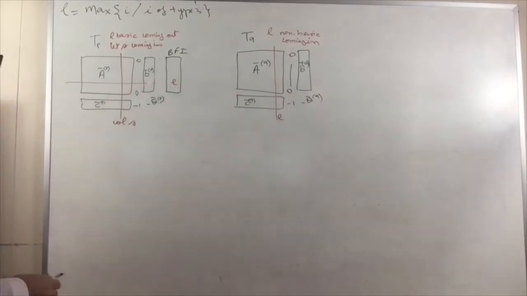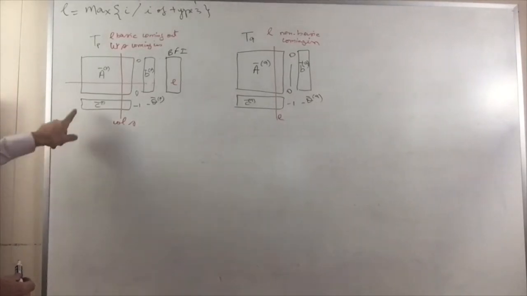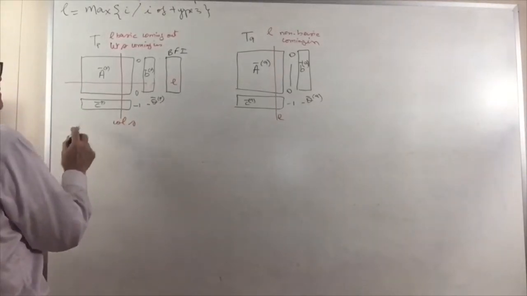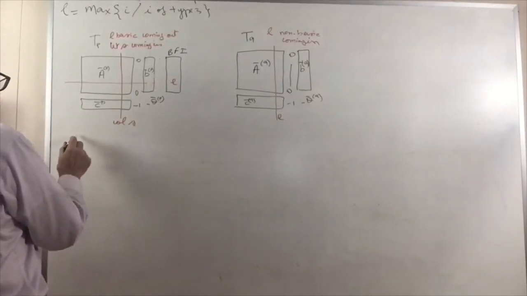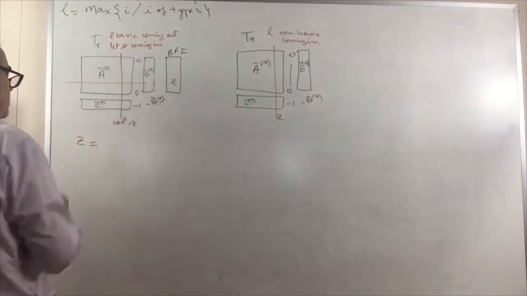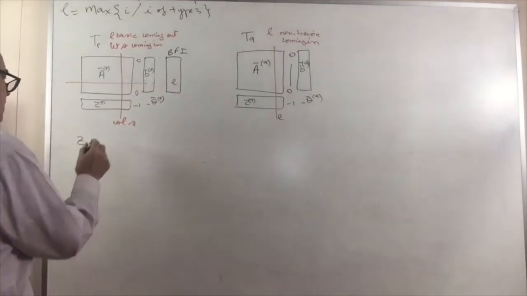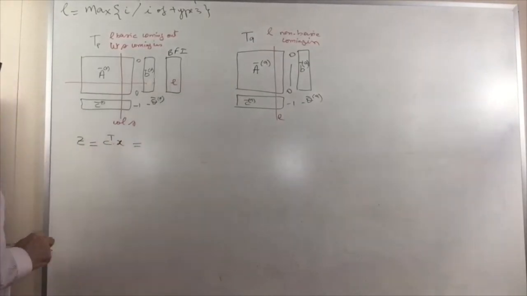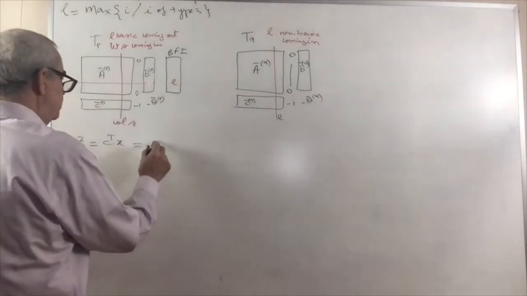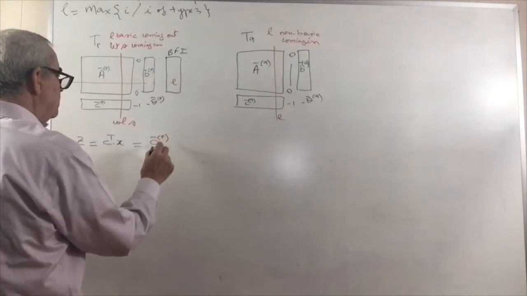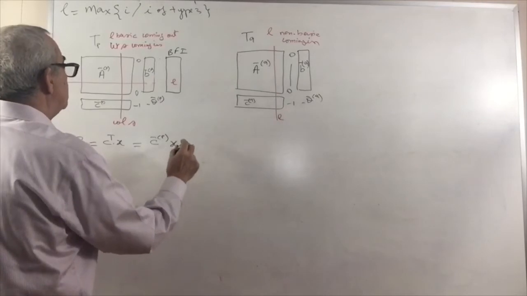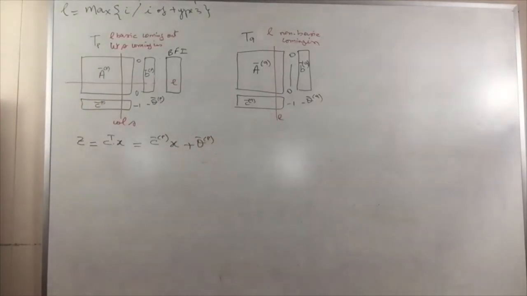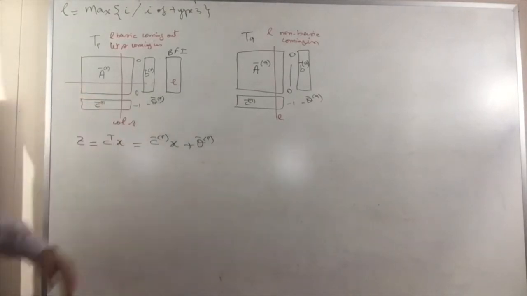Now, let's write down some equations here. Let me read this equation. Remember this is Z, which is equal to C transpose X. That's how it was defined. So that's equal to C bar of P X plus theta bar of P. Just reading this equation.